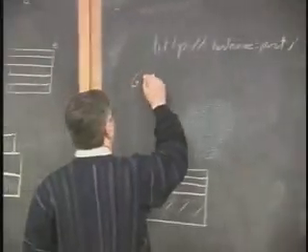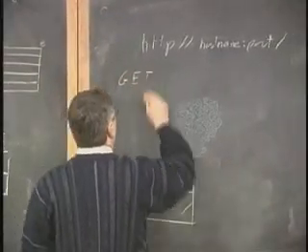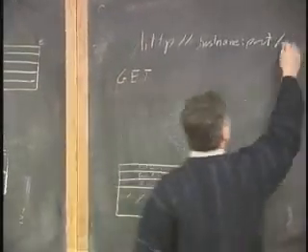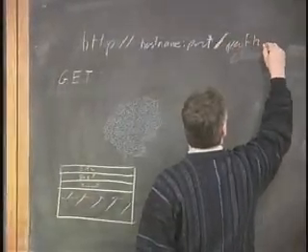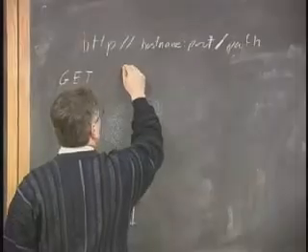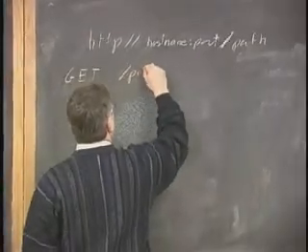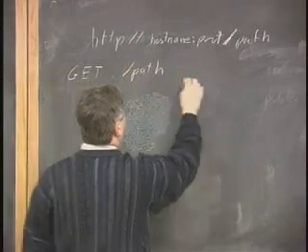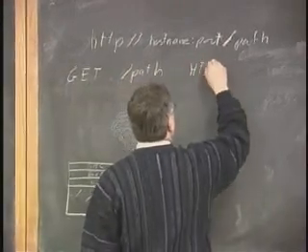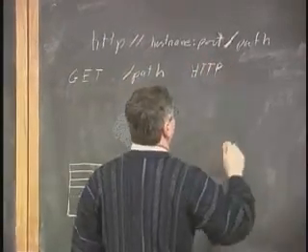You just write GET, and then the path name, the thing that follows this in your URL. So GET, space, the path, all capitals for GET. And then a space, then HTTP and whatever version you're pretending to be.